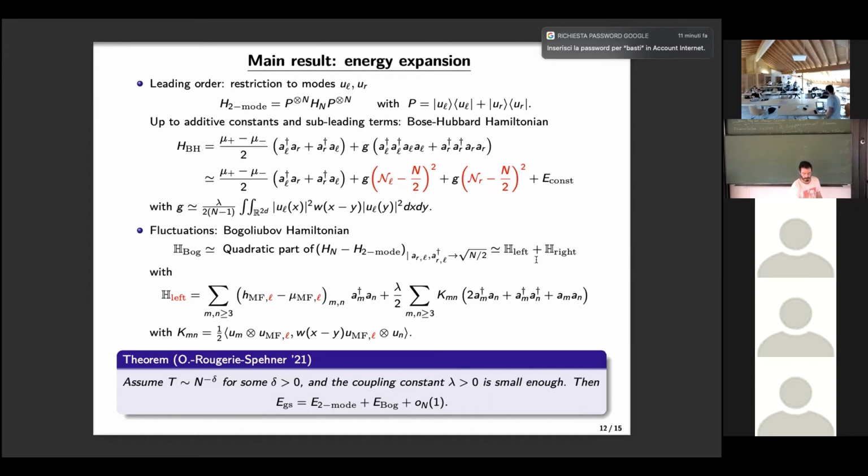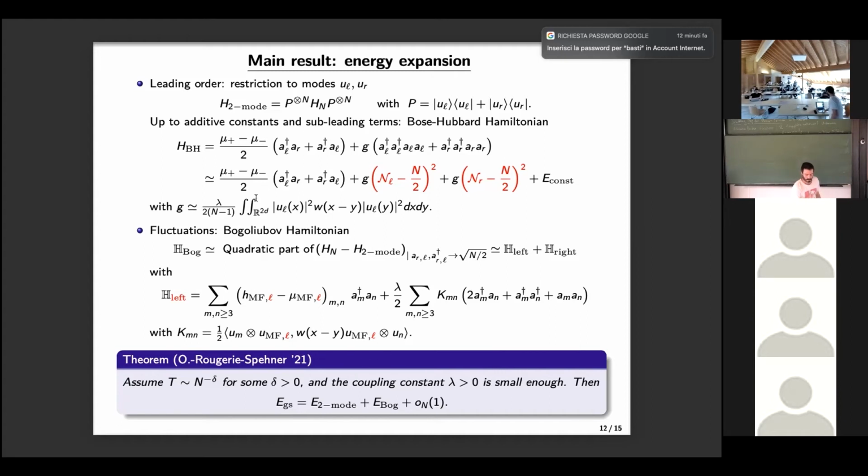And then this operator splits into a left part and a right part, in the sense that the left part only sees modes which are localized in the left well, and the right part only sees modes which are localized in the right well. And how do they look? For H_left, we have this expression. Maybe I don't have time to explain it that much, but it looks like a usual Bogoliubov Hamiltonian for particles which can only occupy left well modes.